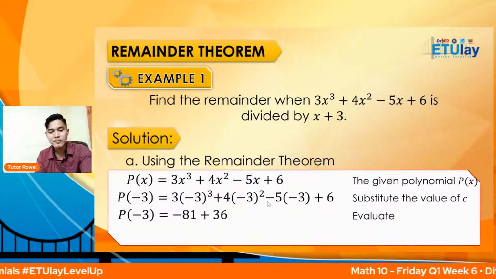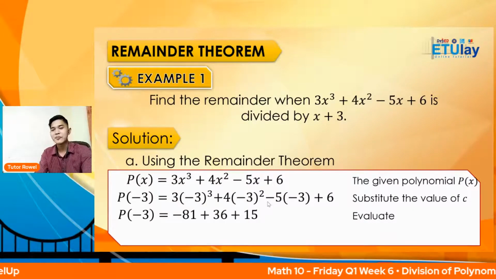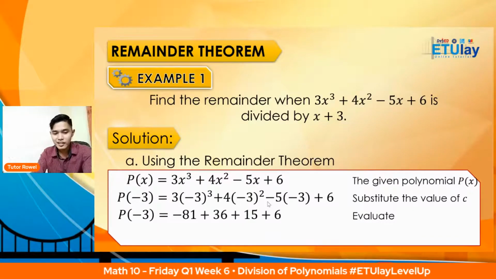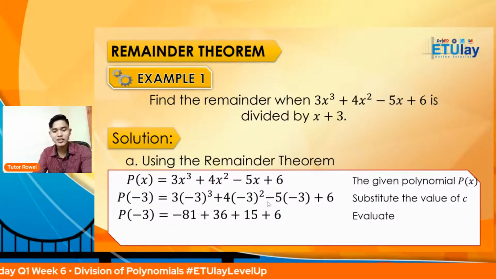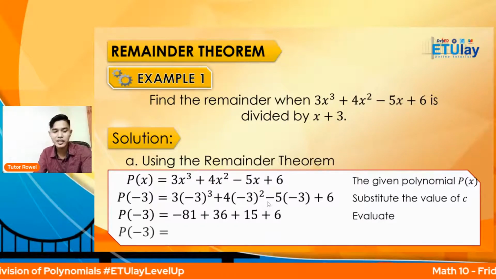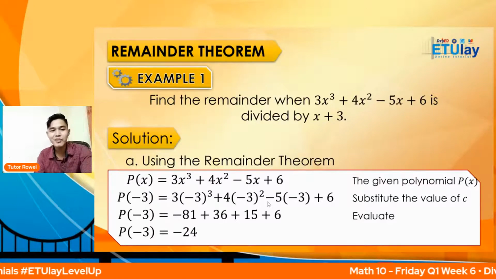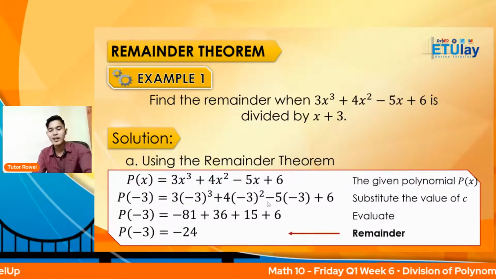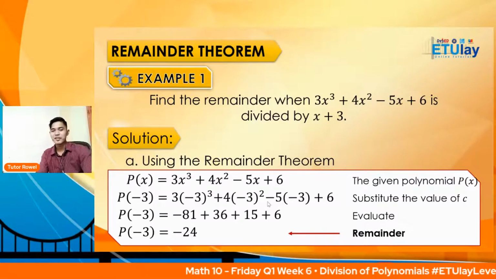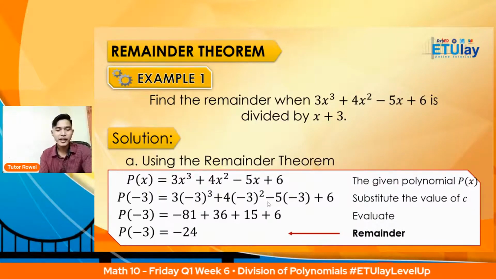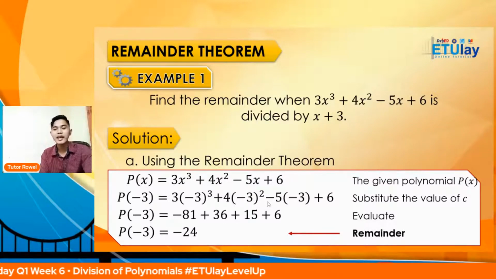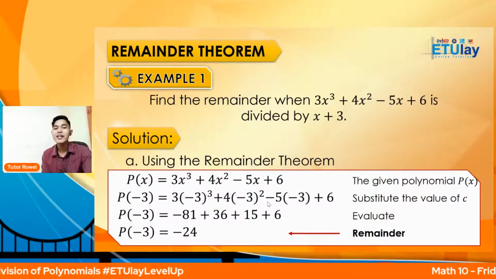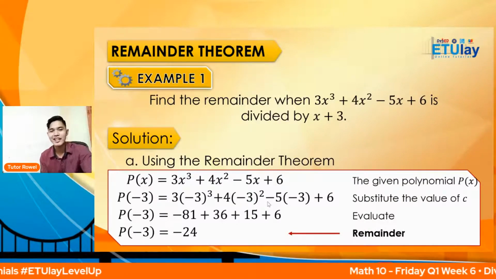Negative 5 times negative 3, magiging positive 15 plus 6. Sunod, pagsamahin na natin. So, negative 81 plus 36 plus 15 plus 6, ang sagot will be negative 24. And that will be our remainder. So, for this one, ang P of C or P of negative 3 is negative 24 and negative 24 is our remainder po.